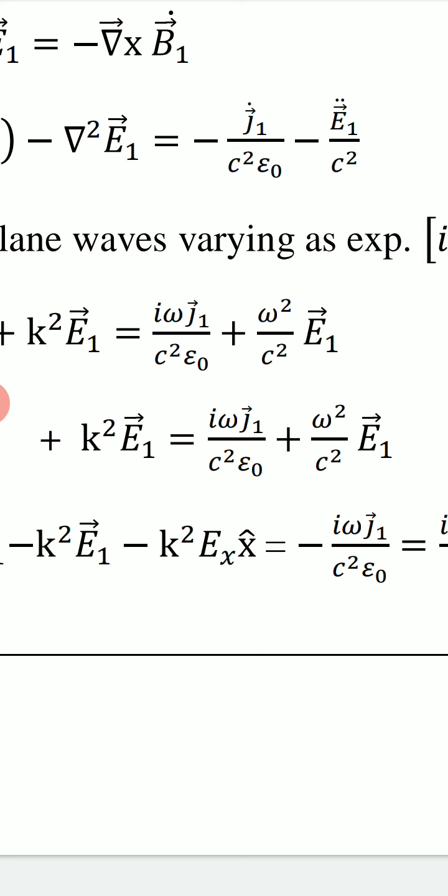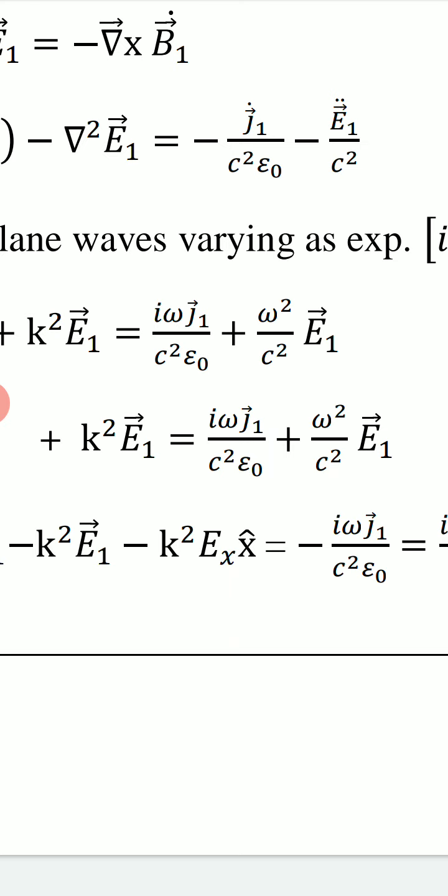Dot means delta upon delta t of J1, and delta upon delta t is minus i omega. So for dot, which is partial differentiation with respect to t, we write minus i omega and get i omega J1 upon c square epsilon 0.